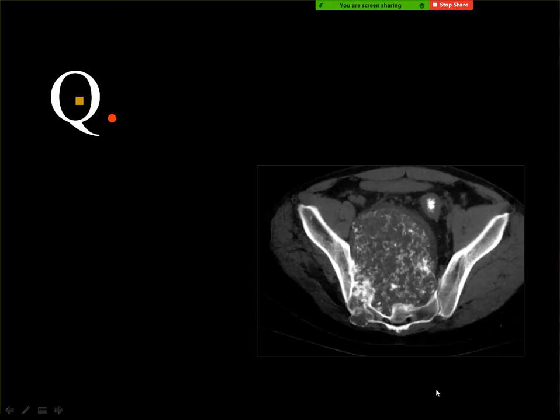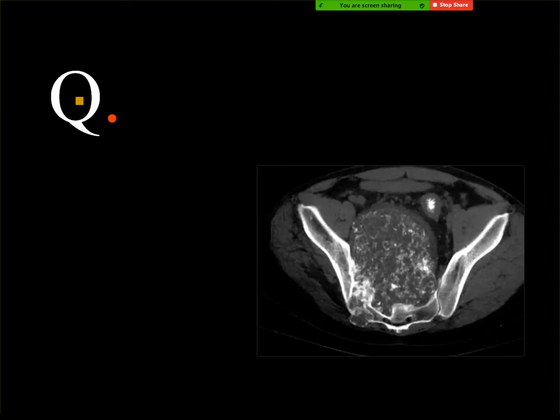Chordoma or metastasis. Okay, then I expected you to say chordoma or chondrosarcoma, actually. Metastatic deposits do not contain calcium unless they come from a bone tumor like osteosarcoma and chondrosarcoma.